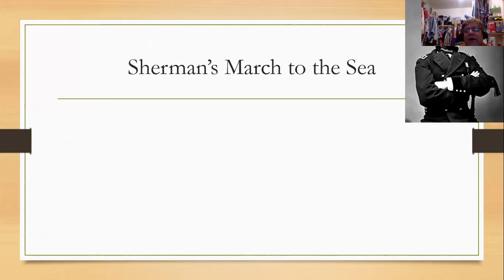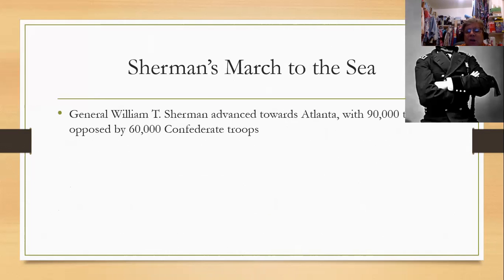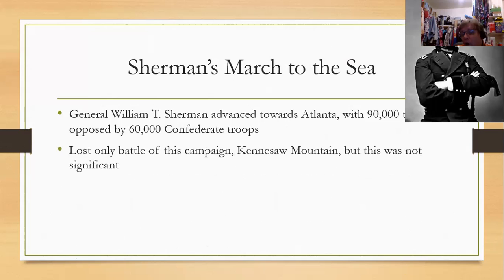Further south, William Tecumseh Sherman doesn't fight battles, but what he does is he marches to the sea. He has 90,000 troops against 60,000 Confederate troops. He doesn't fight a lot of battles. One, Kennesaw Mountain, that he actually loses. But what he does is he destroys Southern property.